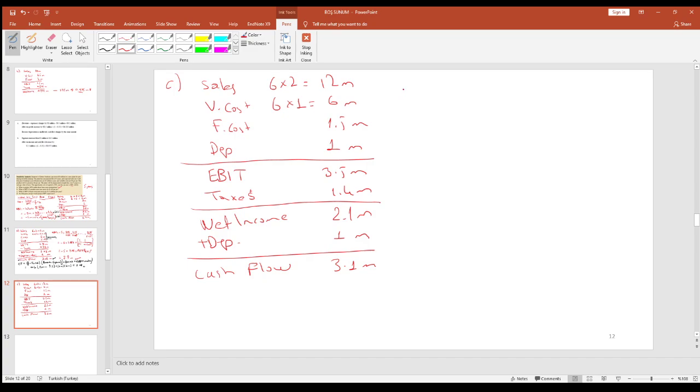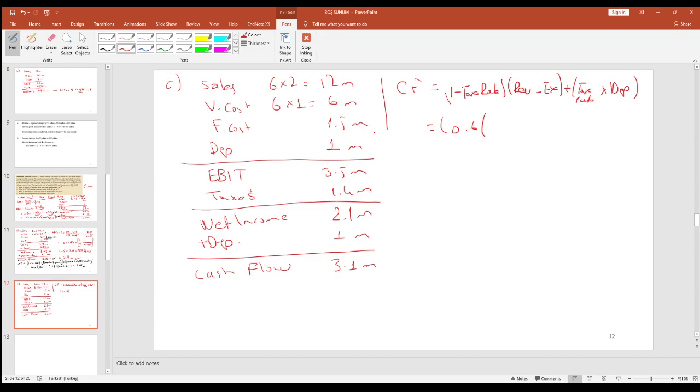Let's check what is correct cash flow by using the equation. It was, remember that, 1 minus tax rate times revenue minus expenses plus tax rate times depreciation. Let's do it.